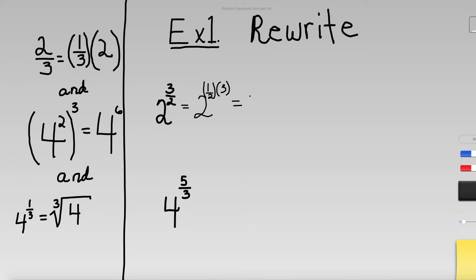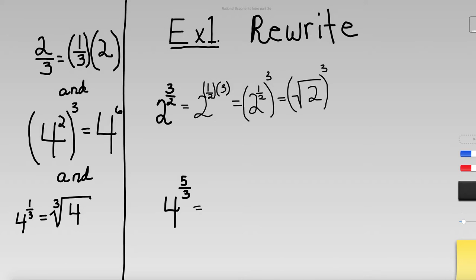So this is basically 2 to the 1/2 to the 3rd. Okay, and we know that 2 to the 1/2 is simply the square root of 2. So that is going to be the square root of 2 to the 3rd power.